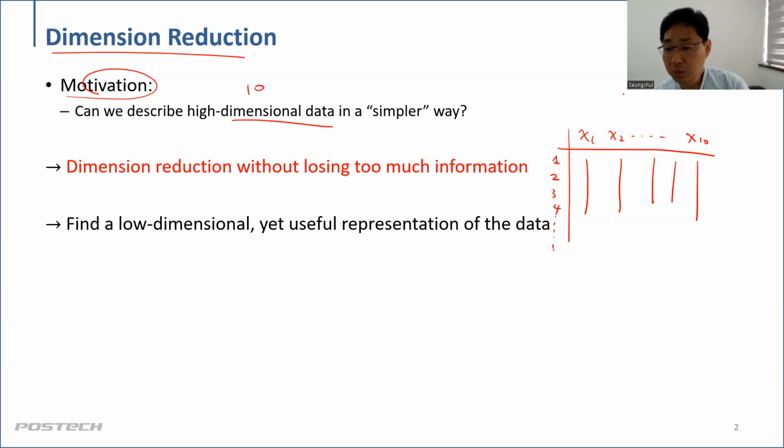On top of this, this one might be some kind of combination of these inputs from 1 to 10, or you can make other inputs or features based on this data set.